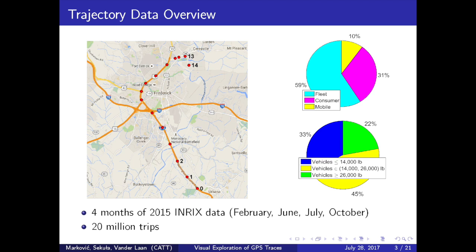I should note that different data sets come in different formats, but in this case, we got raw GPS traces and had to actually do the map matching process ourselves. This data wasn't already snapped to the network. For each of the 20 million trips in our data set, we can identify the data source, so where it comes from, and also the vehicle weight class associated with it.